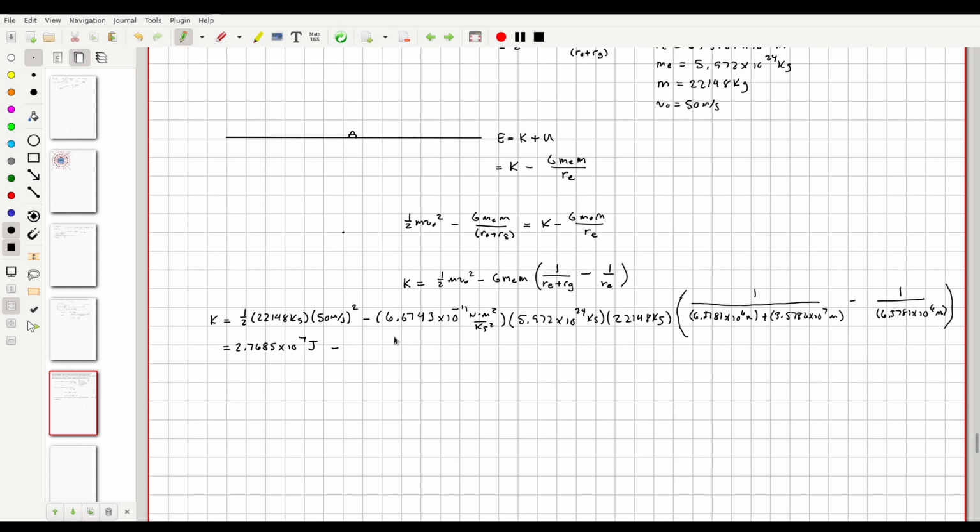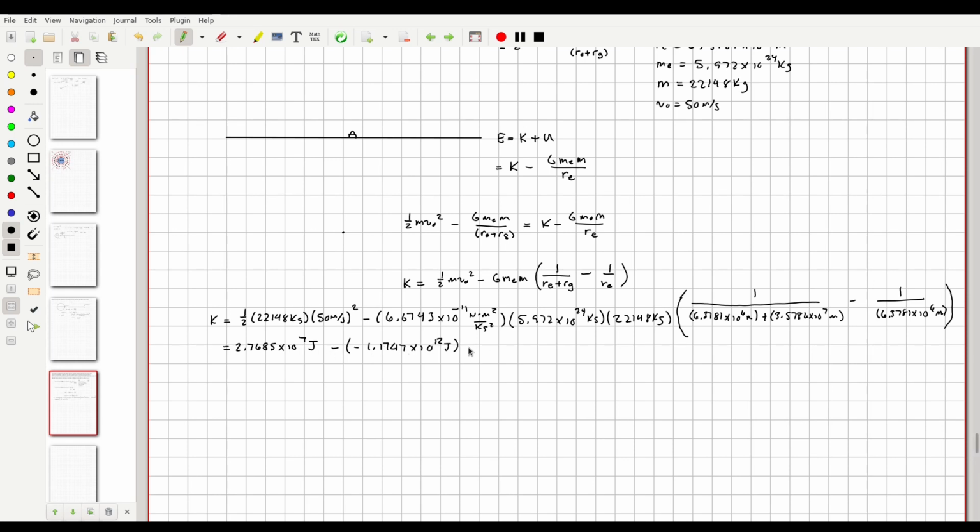That takes care of that first term, and now I need to subtract away 1 divided by 6.3781 times 10 to the 6. And if I do that, I get this part right here is negative 1.1747 times 10 to the 12th joules.